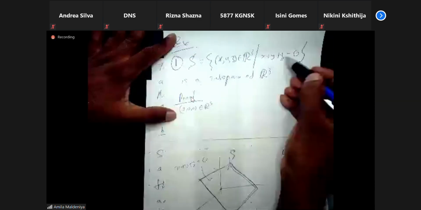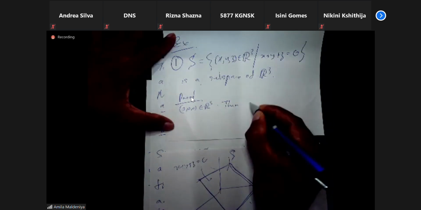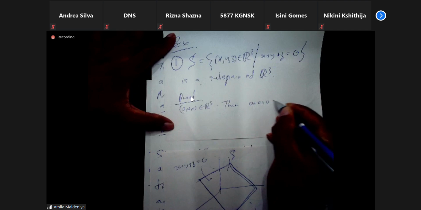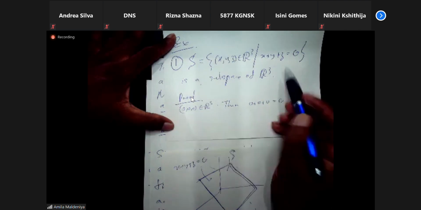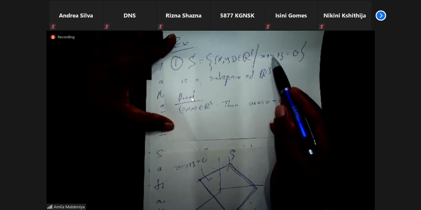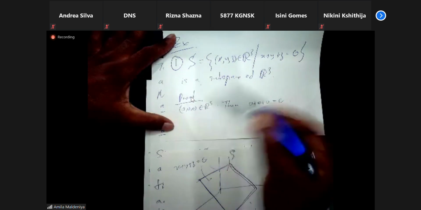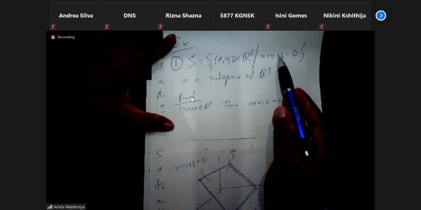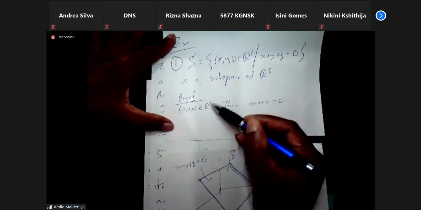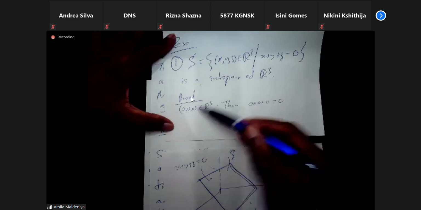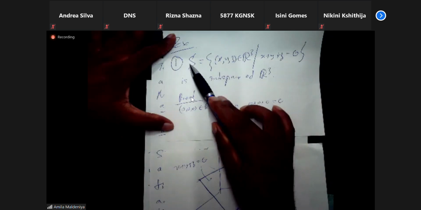Let's check whether it satisfies this condition: 0 plus 0 plus 0 equals 0. Actually, you don't need to take 0. You can take 1, 1, negative 2. Then 1 plus 1 minus 2 is 0. So (1, 1, -2) is in R3 and its coordinates satisfy this condition. Therefore (1, 1, -2) is also an element in S.